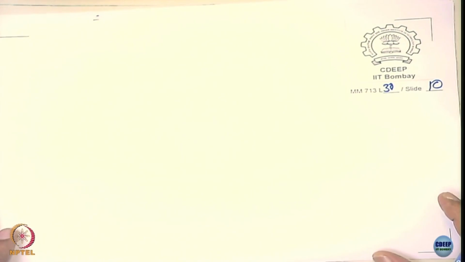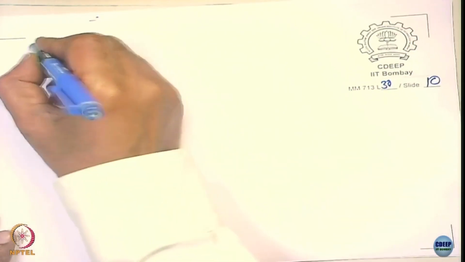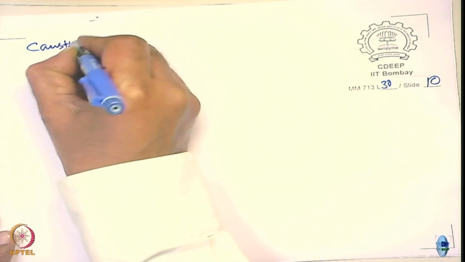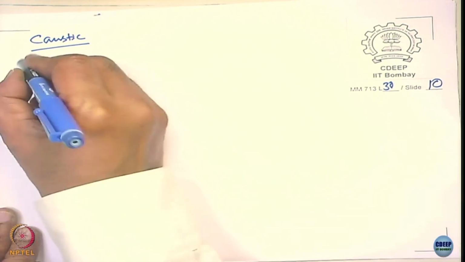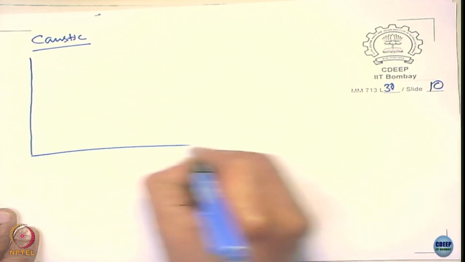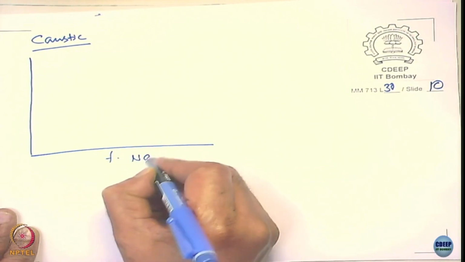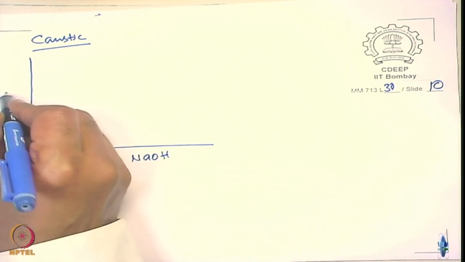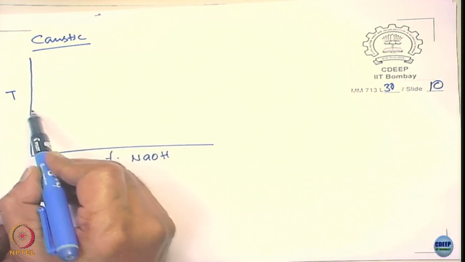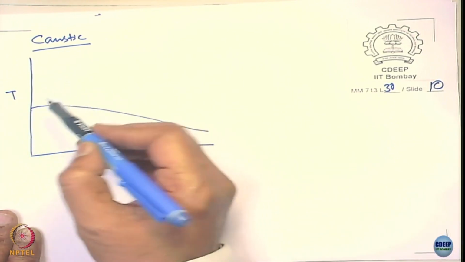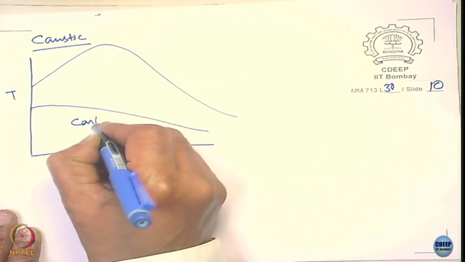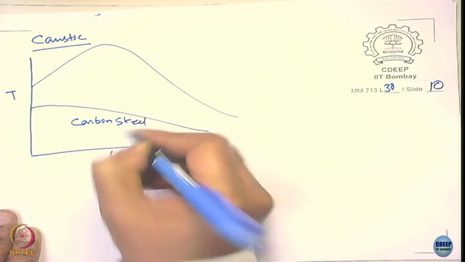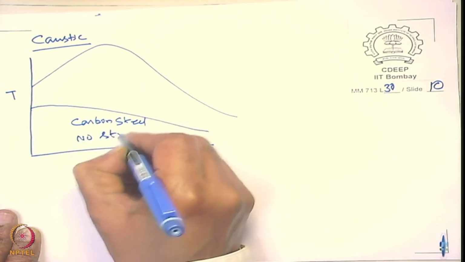This illustration, okay. When it comes to caustic and how it can promote stress corrosion cracking, temperature, carbon steel, no stress relief required.